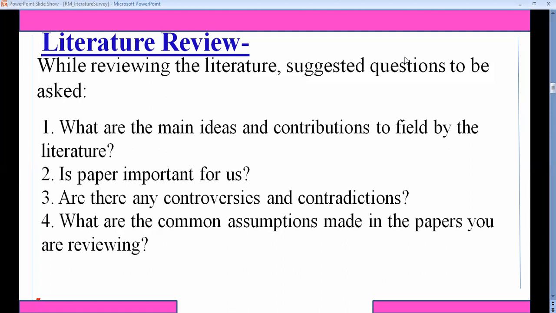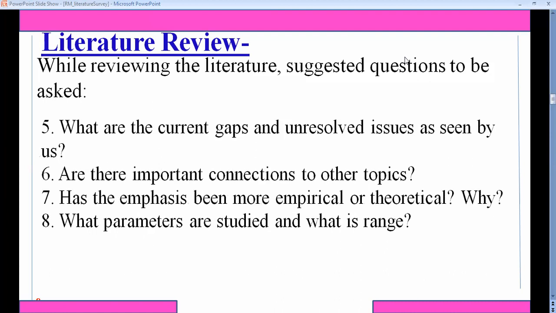Whether there is any contradiction in the work you are studying. What assumptions are made by different authors and researchers? What is the current gap you find in the research, the unresolved issue? How is it connected to other research and your work?